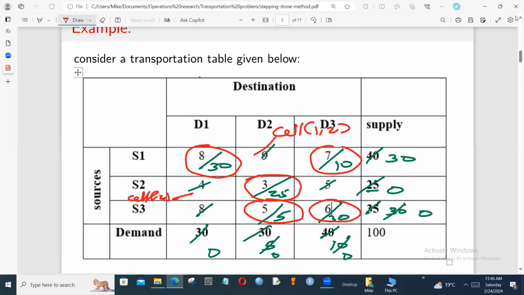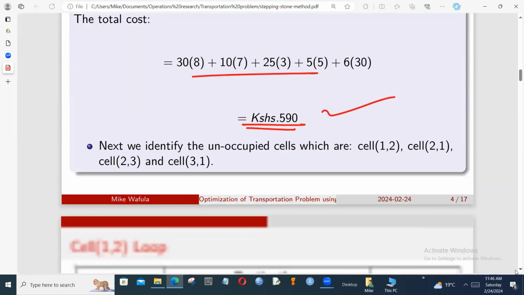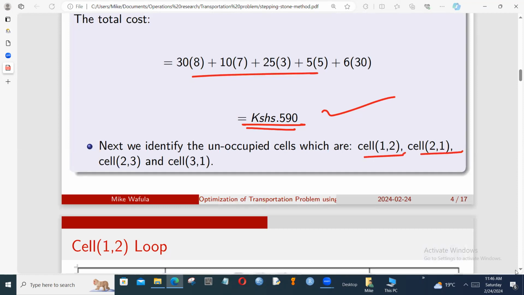This cell 2, 1. This cell 2, 3 has not received any units. This particular cell 3, 1. So those are about 4 cells that have not received any units during assignment. And so those are the cells we are interested in: cell 1, 2, cell 2, 1, cell 2, 3, cell 3, 1.